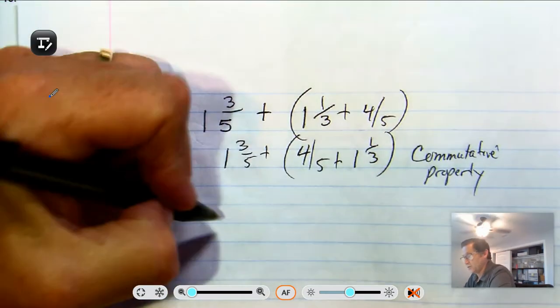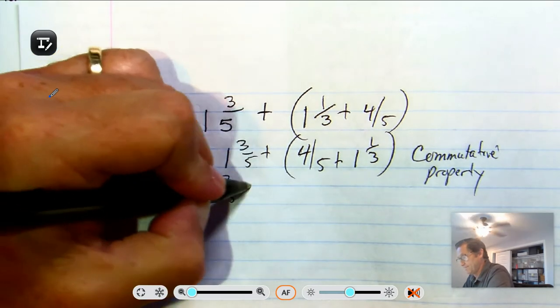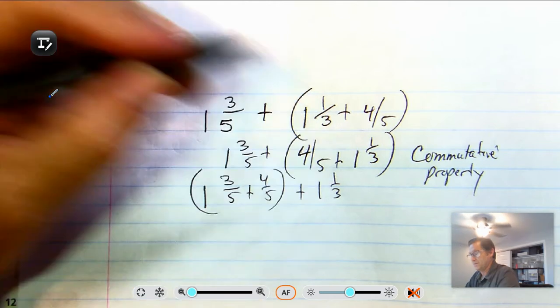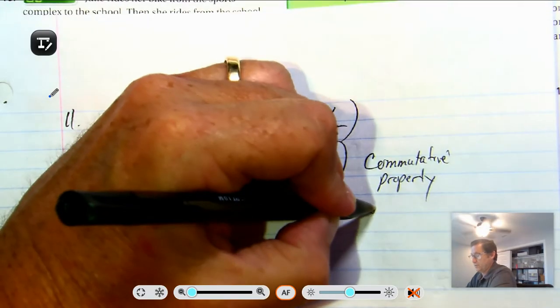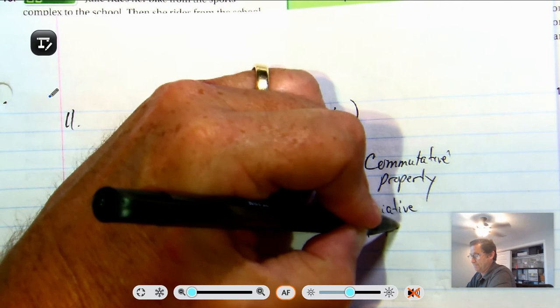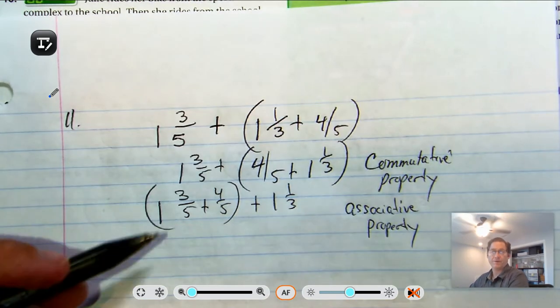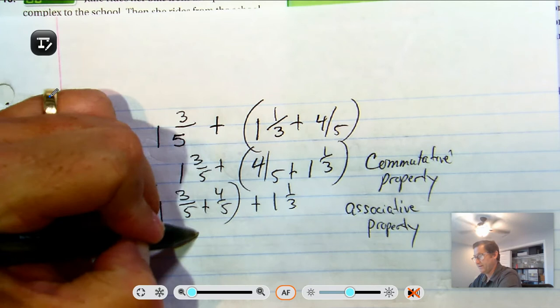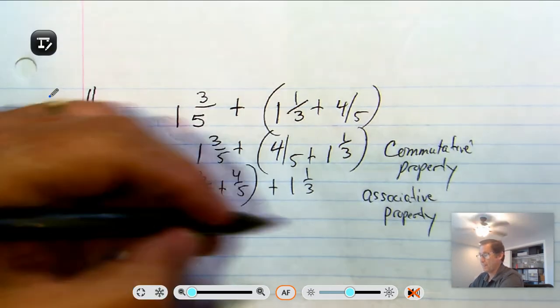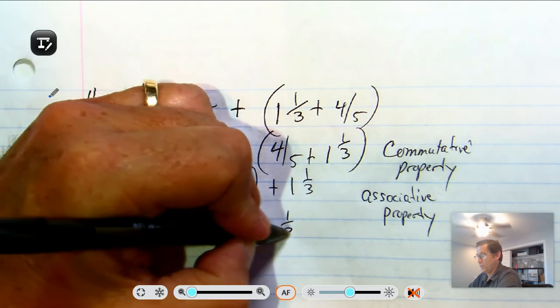Then I would use the associative property to group the fifths together. All right, and 4/5 and 3/5 is 7/5, and 1 plus nothing is 1, plus 1 and 1/3.